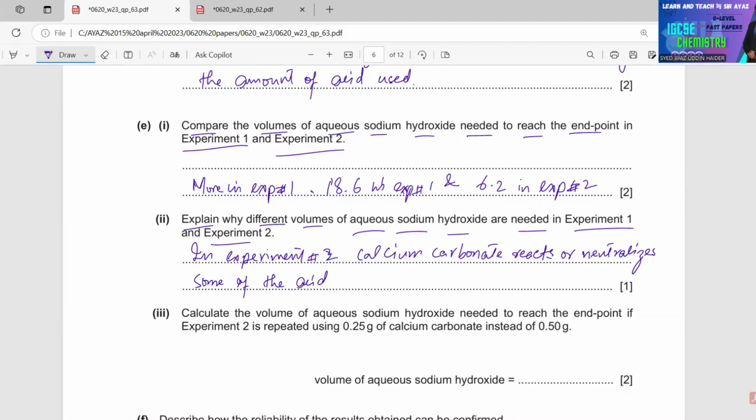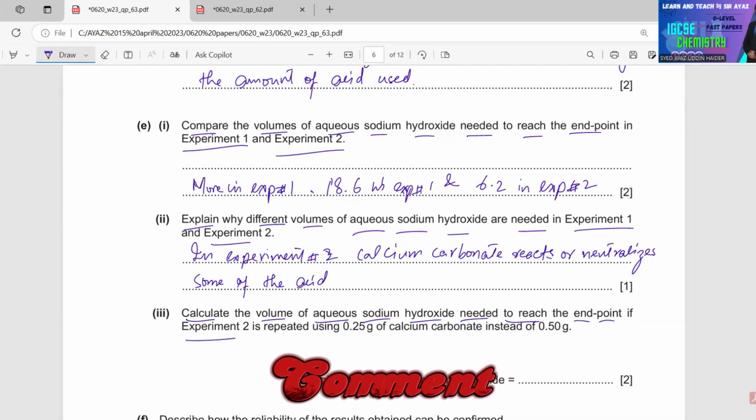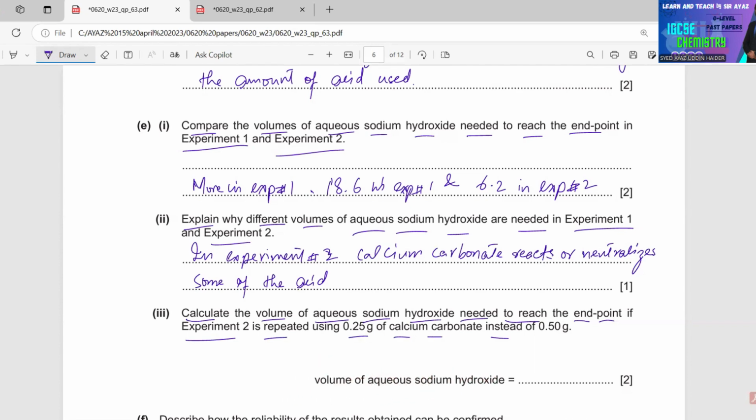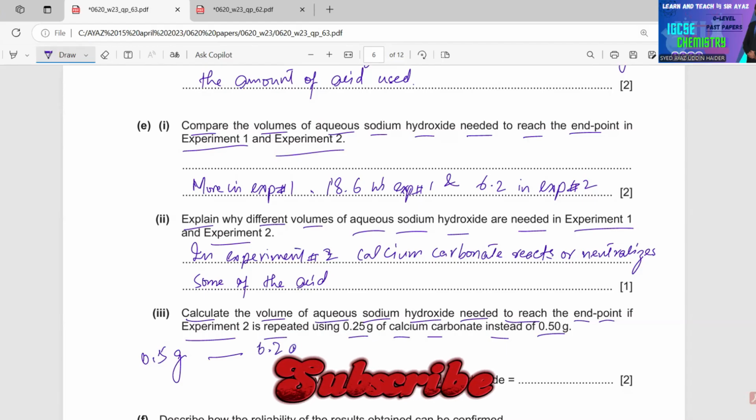Part 3, calculate the volume of aqueous sodium hydroxide needed to reach the end point of experiment 2 if experiment 2 is repeated using 0.25 gram of calcium carbonate instead of 0.5 gram. Now see, in experiment 2, when 0.5 gram is used, the volume is 6.2 of NaOH.